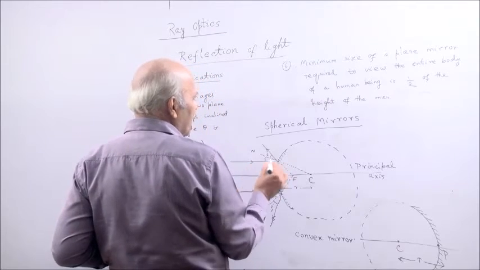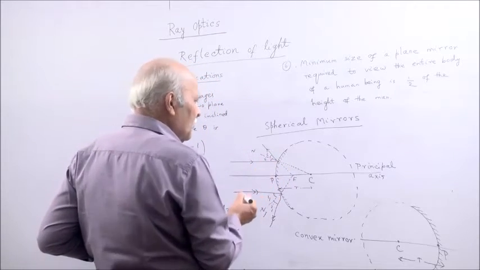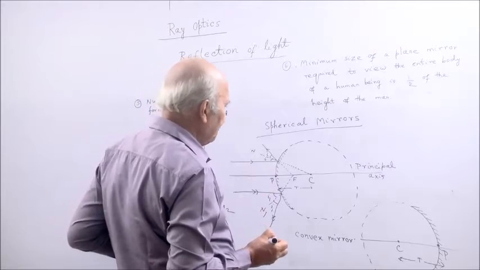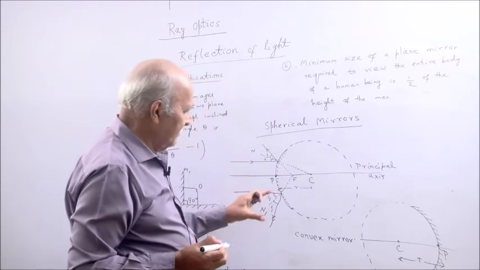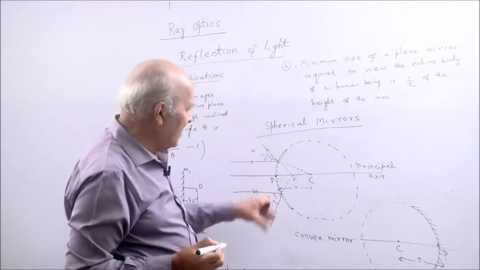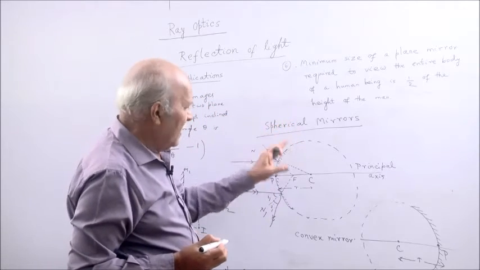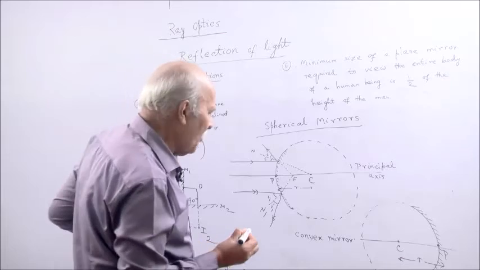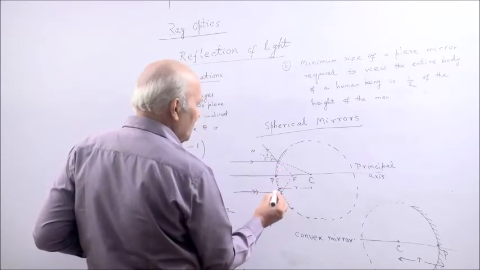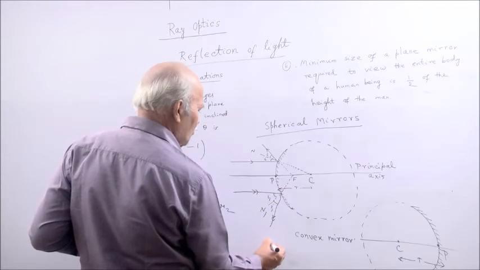So that means the parallel rays which are parallel to the principal axis, after reflection they diverge, they try to go away from each other, but when produced backwards they appear to come from a point on the principal axis. So this gives rise to a virtual focus.